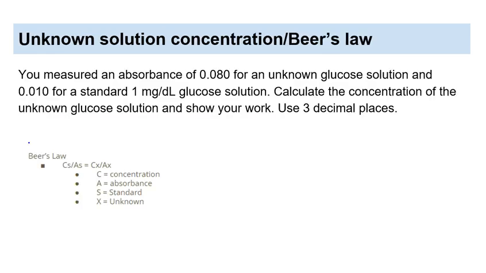Okay, and also in this one, we are going to practice how to use Beer's law to calculate the unknown solution concentration. In this example, we have the absorbance of our unknown glucose solution, 0.080. So let's write it down. We have the absorbance, which we will show by the letter A, of our unknown solution X, which is 0.080.